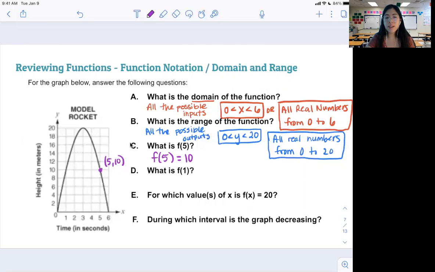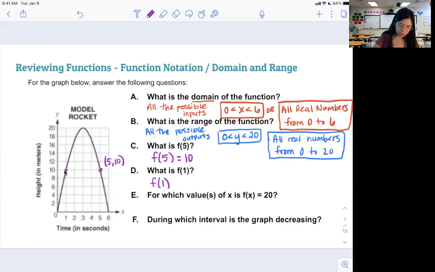Now, if you didn't know C, try D. Try it on your own now. What is f of 1? Eight. It's a little more than 8. Look again. It's also 10, yeah. F of 1, I go to my 1 and I look and boom, there I am.